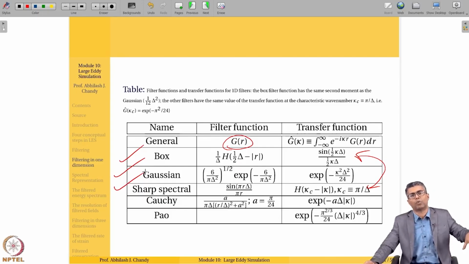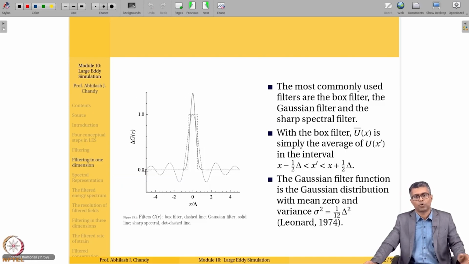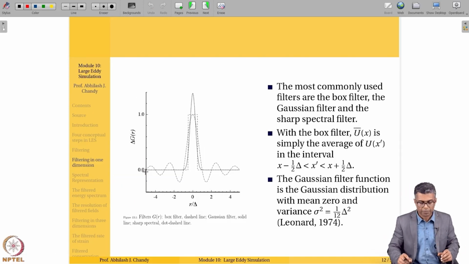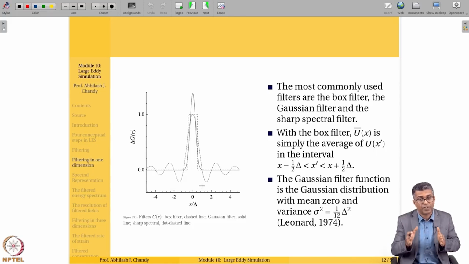And depending on whether you want to use it in physical space versus wave number space, you use one of these. Okay. So what is shown here in this plot is the filter function itself versus r over delta. So the x-axis is r normalized with the filter width. And so obviously r is 0 here, and when r over delta is equal to 1, that is when you are at the filter width.